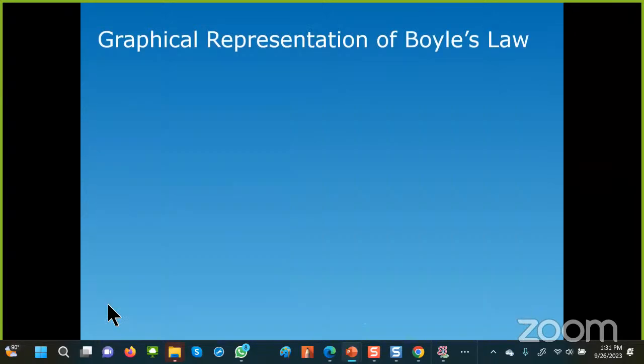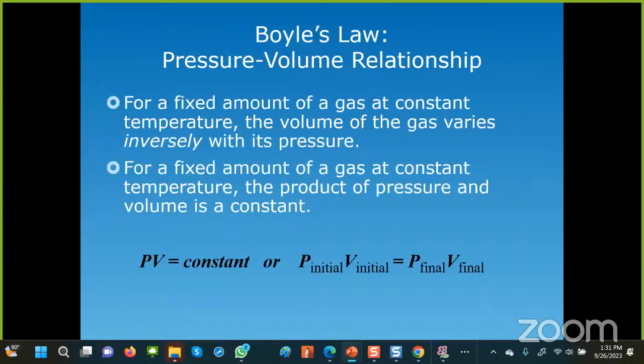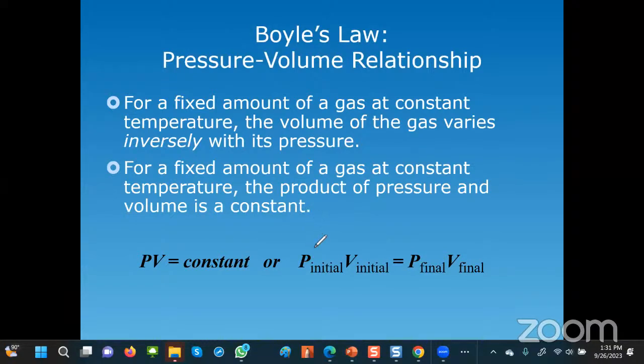Personally speaking, I like to express it this way, since I'm lazy: P1 V1 is equal to P2 V2. Same thing. P1 and V1 would be the initial pressure and volume. P2 and V2 would be the final pressure and volume. So that's basically what Boyle's law is all about.